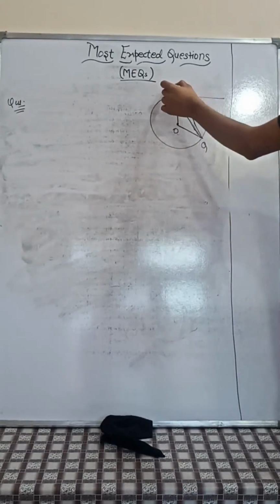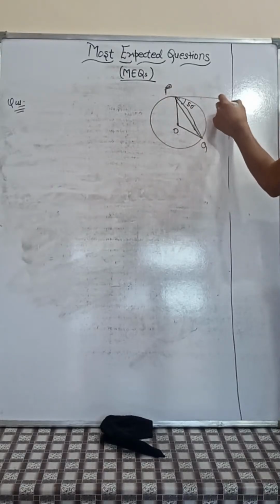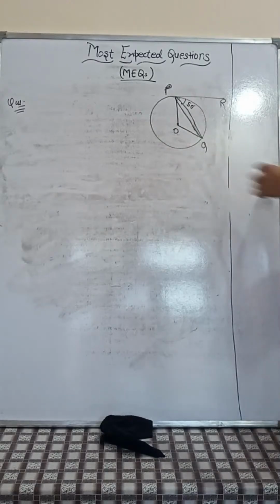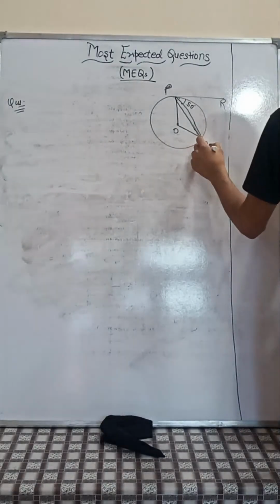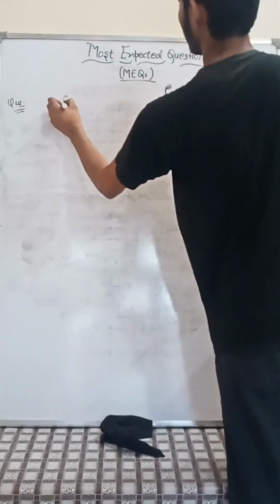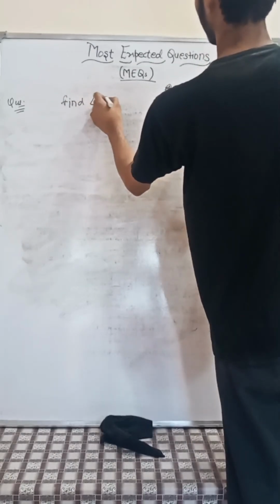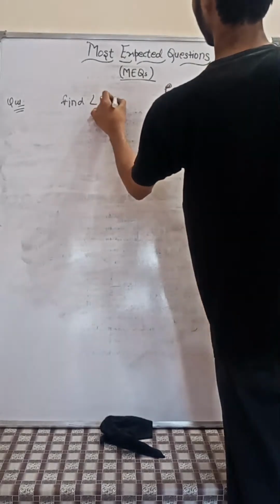This is P, this is R, this is Q. Find angle POQ.